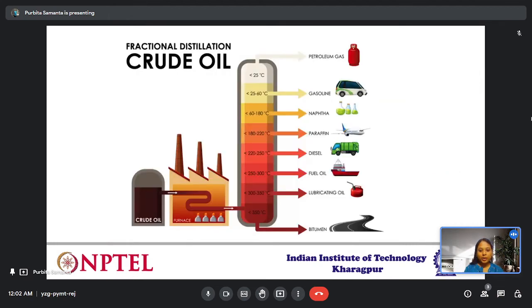So this particular image shows the fractional distillation of crude oil. So if we see what fractional distillation of crude oil is, the crude oil is basically heated, and with respect to the different temperatures at which it is heated, we get different forms of this crude oil through this distillation process.